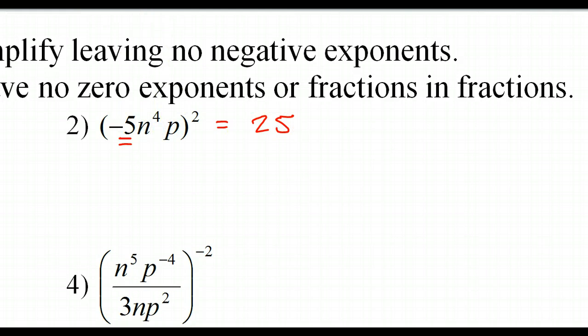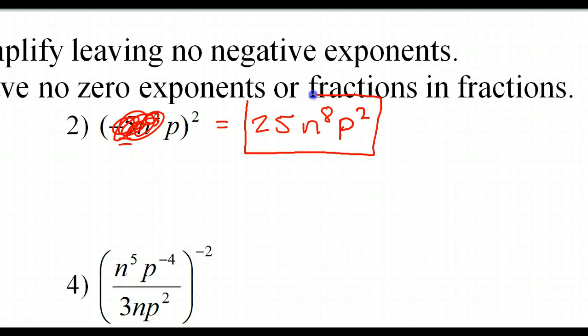Next, if I look at the n term, now I've got n to the 4th power squared. When you do a power to a power, you multiply. So this will be n to the 8th. And last, I look at the p. If I ignore all this stuff, I've just got p squared, so that'll just be p squared. Okay, so that would be number 2.